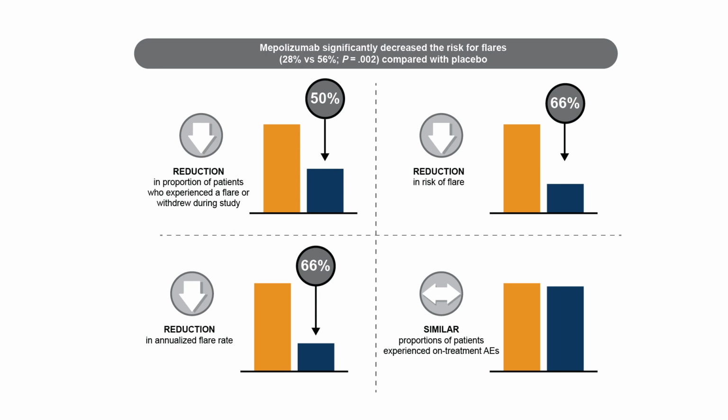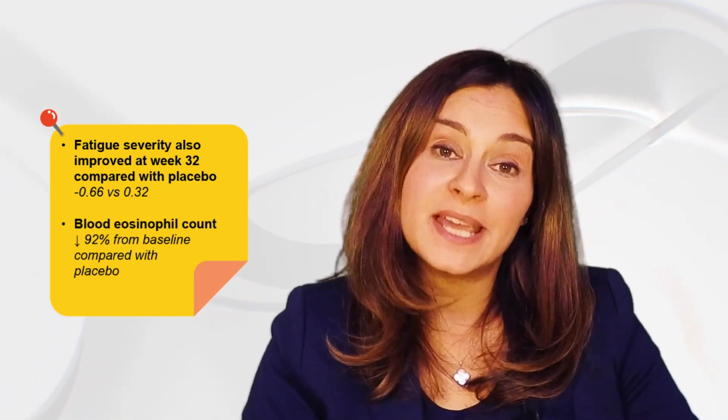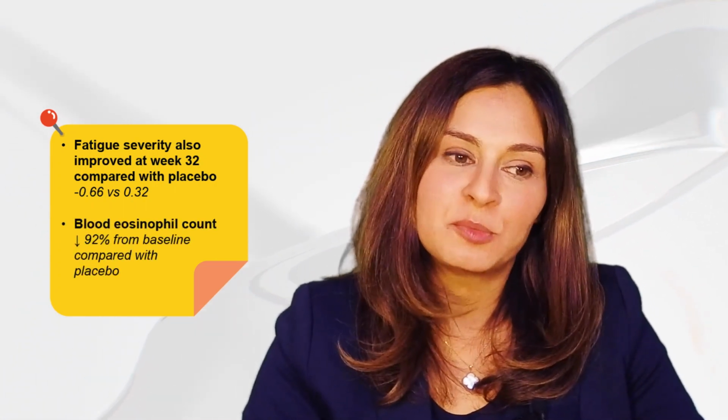And notably, there were similar proportions of on-treatment adverse events in both the Mepolizumab and the placebo arm. What was notable in that study was that fatigue severity was also improved at week 32 compared to placebo. The blood eosinophil count decreased 92% from baseline compared with placebo.